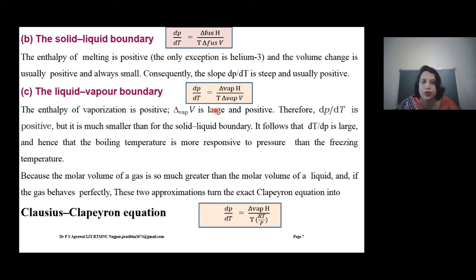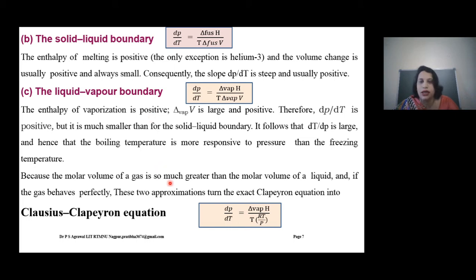So dP by dT is positive, but it is much smaller than for the solid-liquid boundary. Now we can see the solid-vapor boundary also. In the solid-vapor boundary, we have to use the sublimation term, because it is solid to vapor. Likewise, we can apply this Clapeyron equation to any phase change for a pure system.